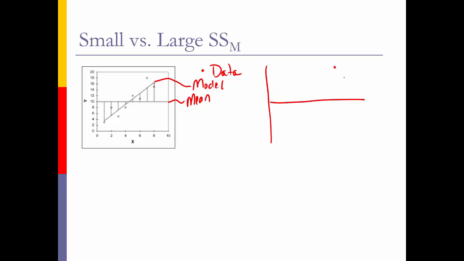We're going to keep similar types of data points, and we end up with a model that looks like this. So we have very, very small deviations. So it'll tell us that the regression model is a little bit better than using the mean, but not much.